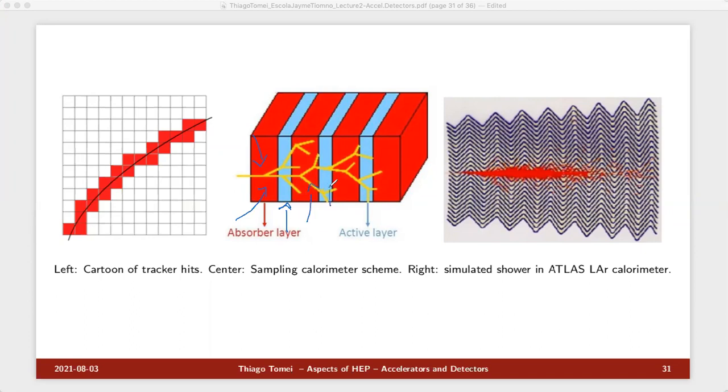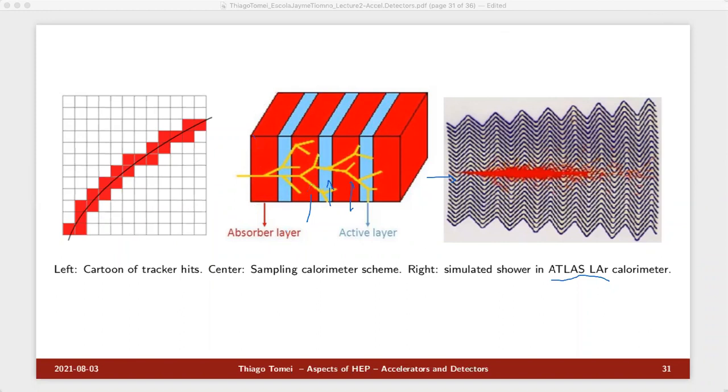And then you alternate them. And then you can make very, very complicated structures that optimize the measurement, like was done, for instance, in the ATLAS liquid argon calorimeter, where you have this accordion structure here, which is filled with liquid argon. And it was a success. The ATLAS calorimeter is extremely good.